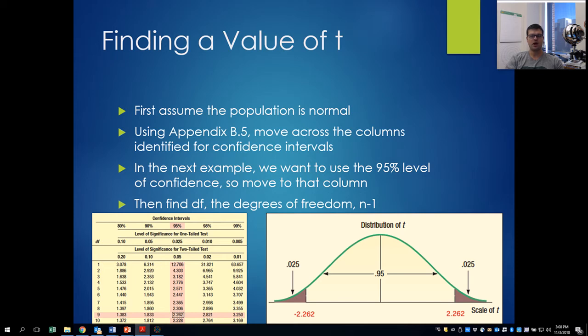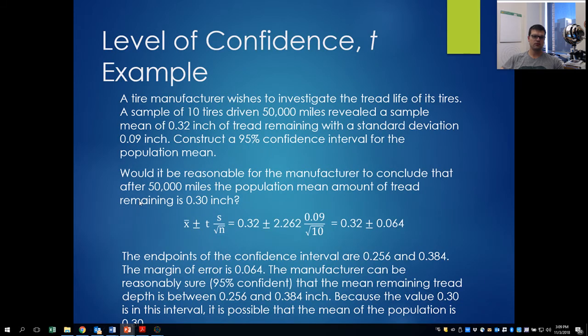Essentially, we want to have confidence that our point estimate is accurate. We have a point estimate, we have no population parameters, and we want to be sure that it's accurate. Okay, so let's take an example.